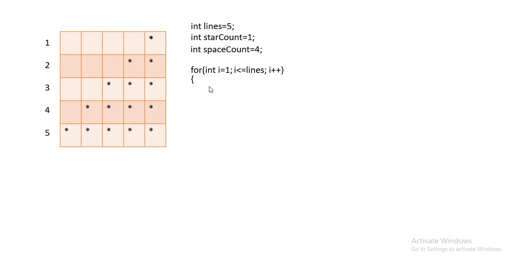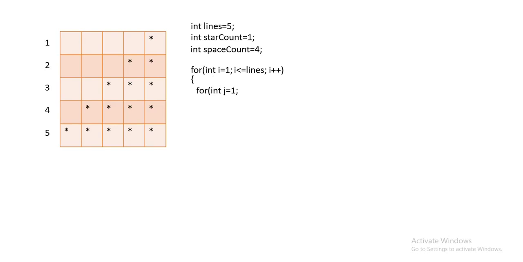When we have gone through the lines, we need to manage the stars and spaces. So when i equals 1, i equals 2, that is when we are on the first line, second line, we need to define two for loops for star and space. Here we need to print space before star, so we use an inner for loop to manage the space.